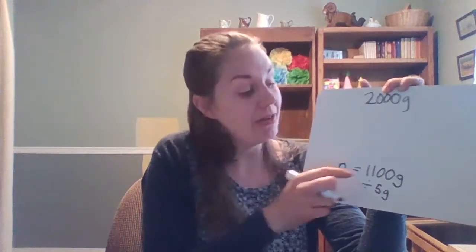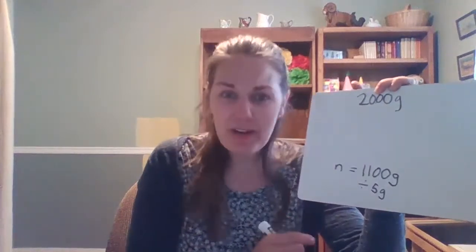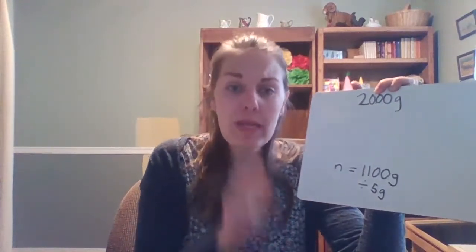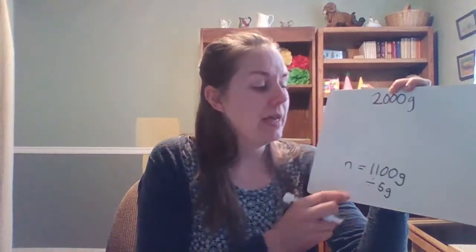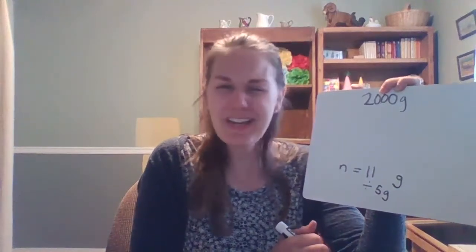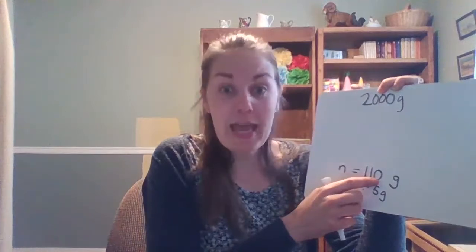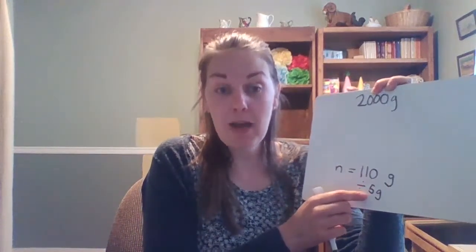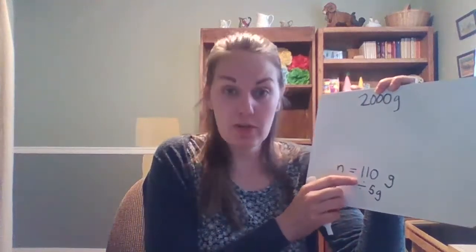Once again, I look at 1,100 and I go, I don't know how to divide that by 5. So I'm going to make it simpler. I'm going to erase one of the zeros, because if I erase both of the zeros, then I'm stuck with 11 divided by 5, and I know that I can't do that. But I do know that 110, I know that 10 can be divided by 5, and I know that 100 can be divided by 5.